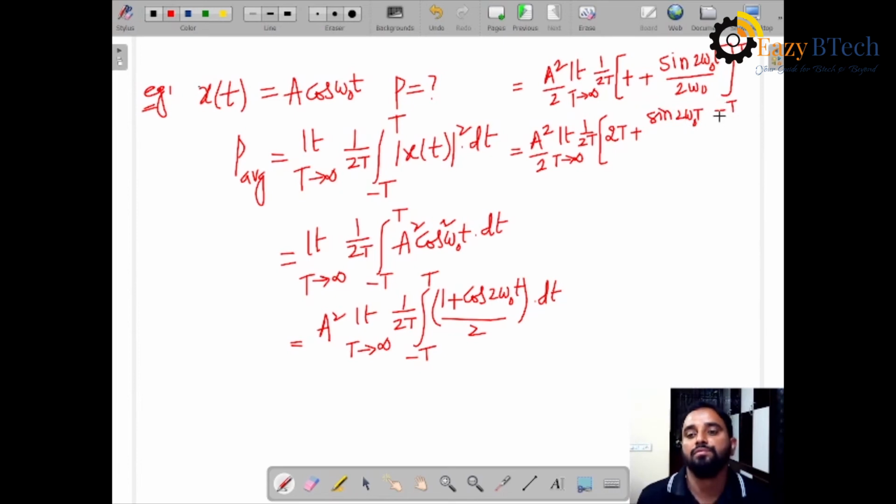Minus T, minus, again sine minus, it will become plus sine 2 omega naught T. It will become 2 sine 2 omega naught T. So I am directly writing this one.